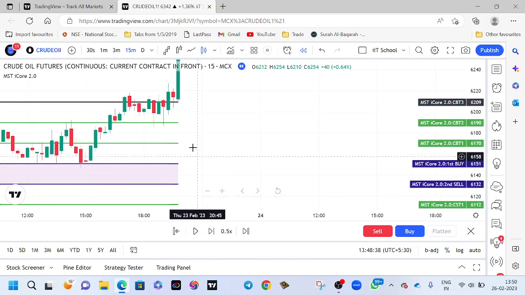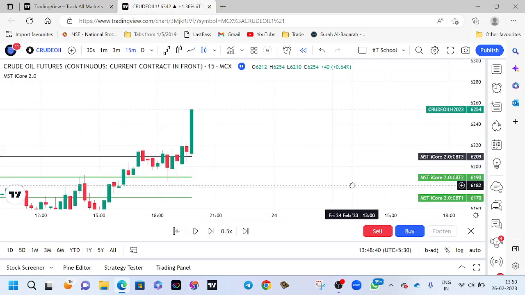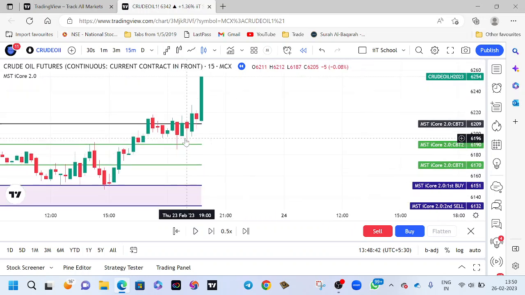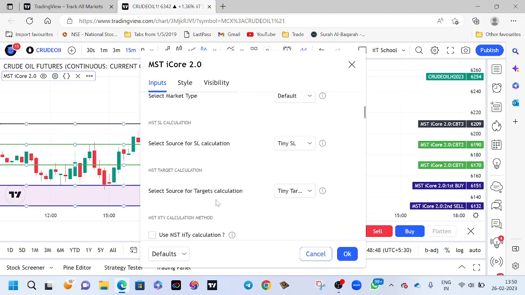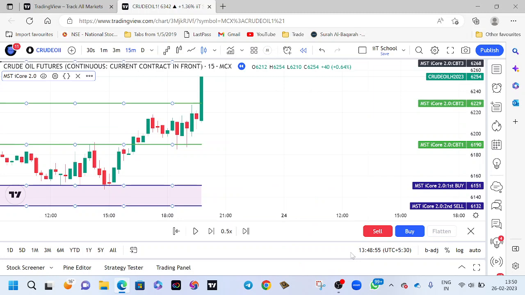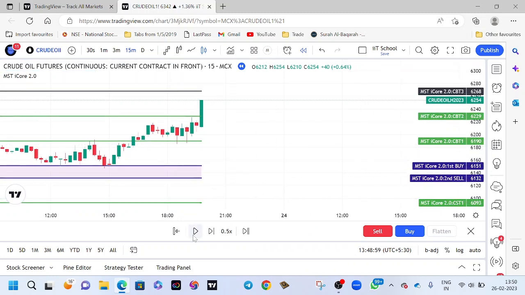Once the targets have been hit, our trading is over. If you want extra targets, then you can double the targets. Come here and select the source for the target calculation; you can keep small targets or normal targets also. Now the ratio will be increased to 1:2.